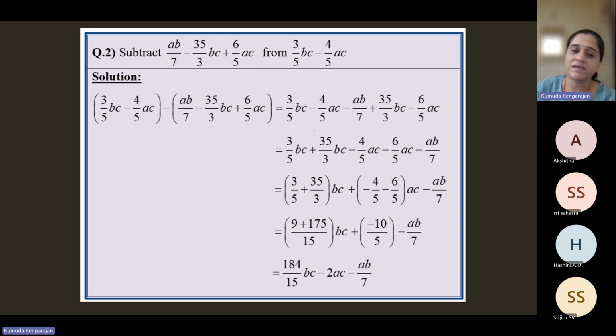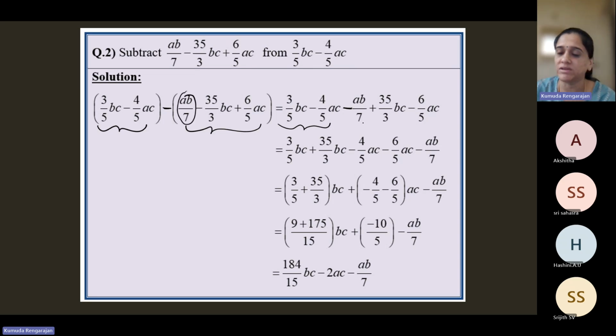Now, how do you remove the brackets? These 2 terms will come out as they are. Now these three terms, outside the bracket there's a minus sign, so they'll come out with their opposite signs. This is plus AB by 7, so it will become minus AB by 7. This is minus 35 by 3 BC, it will become plus 35 by 3 BC.